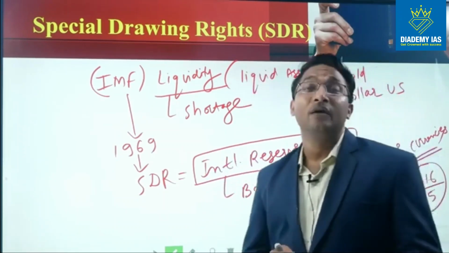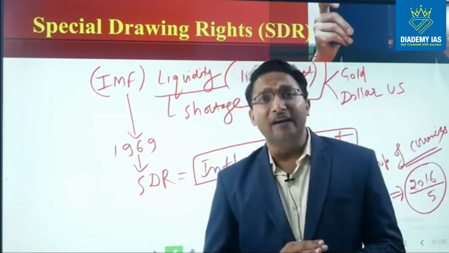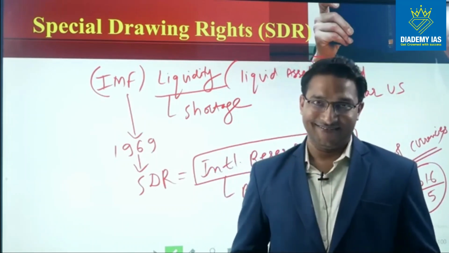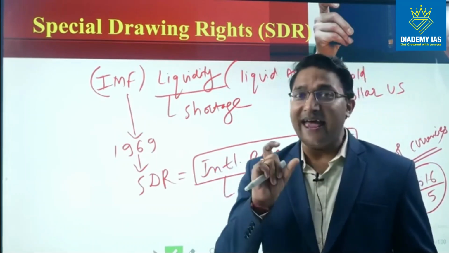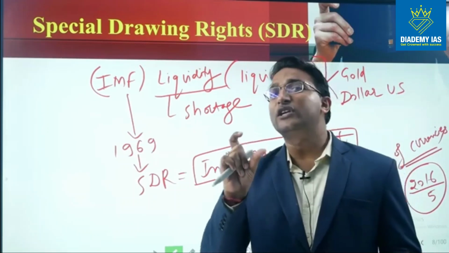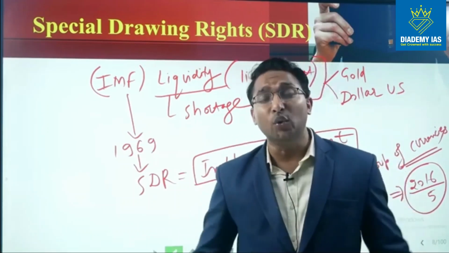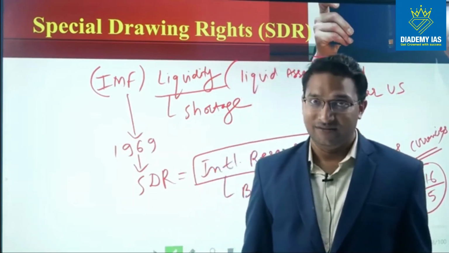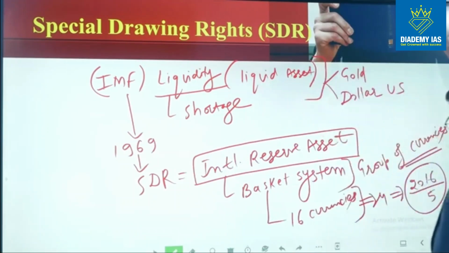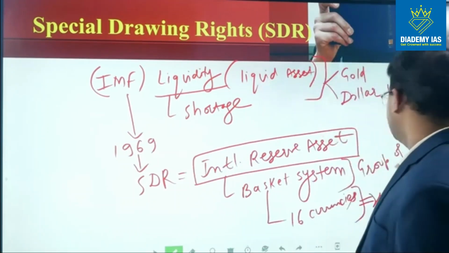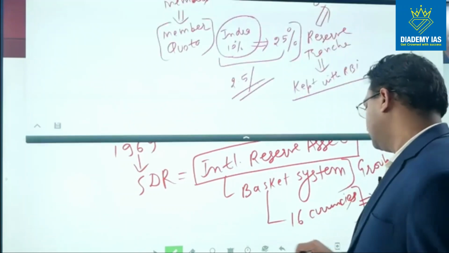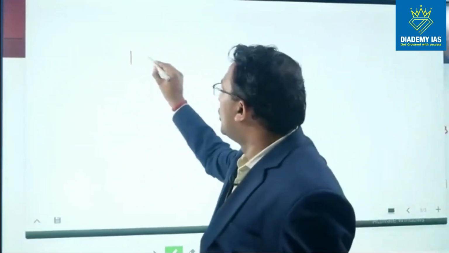The second point is that it is accessible only and only to its member countries. It is not accessible to any other country. Right? So let me write these points separately. The first point is there is no claim.